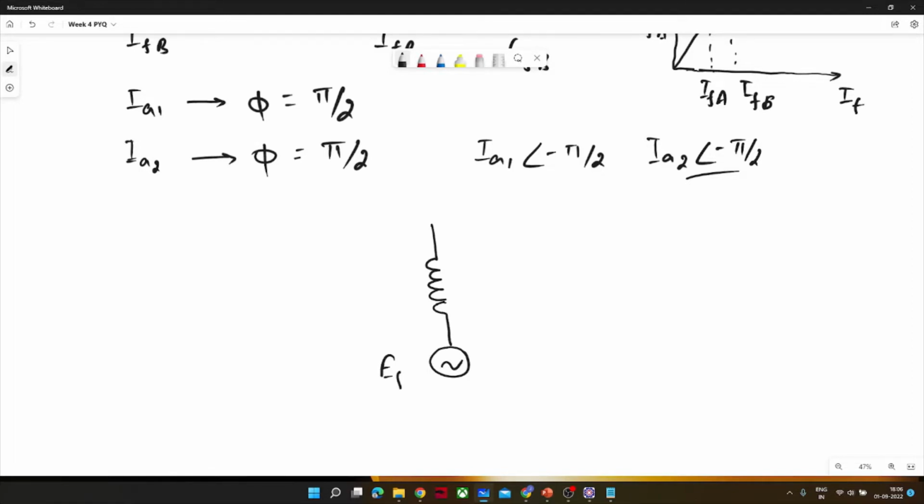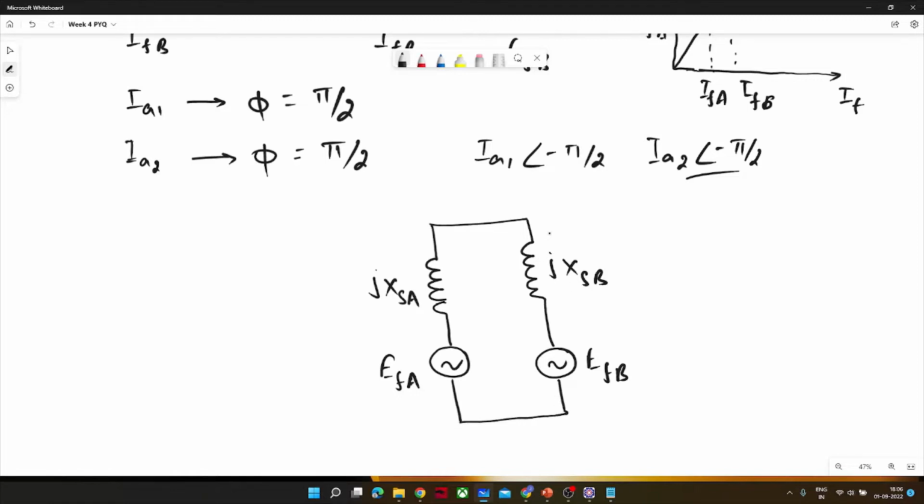So this would be EFA, JXSA, EFB, JXSB, and here grid is connected.